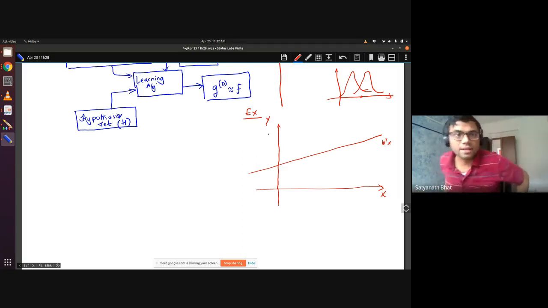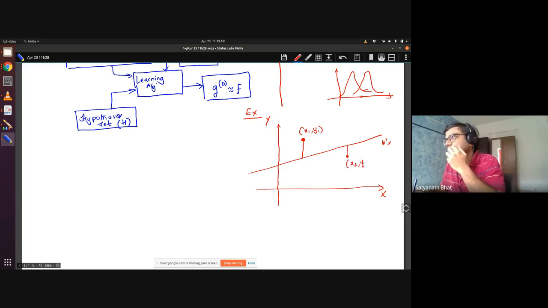Suppose, given my resources, I'm only going to get 2 data samples. Sometimes what can happen is that I can get a data point like this, and then also a data point like this. So these are the 2 data points I'm getting: X1, Y1, and X2, Y2.